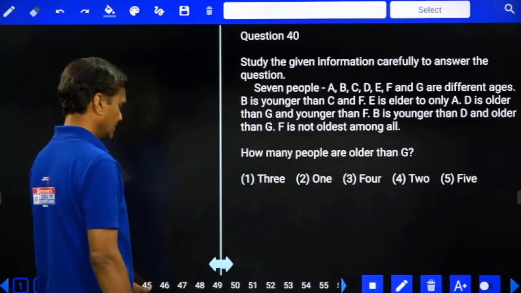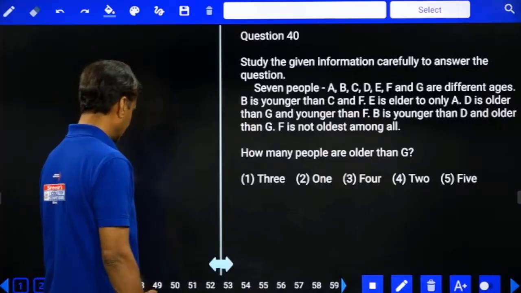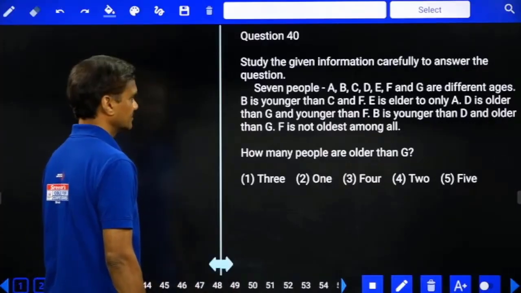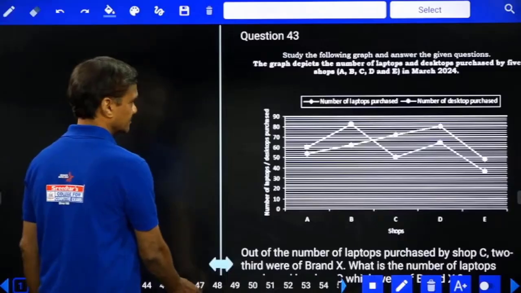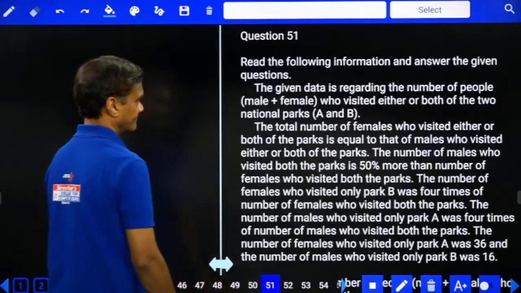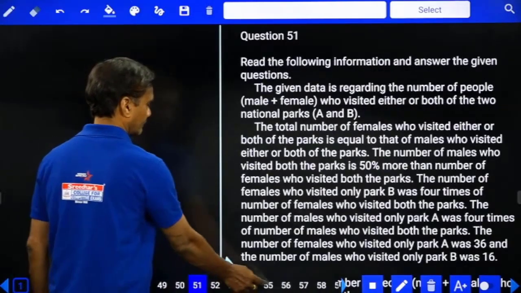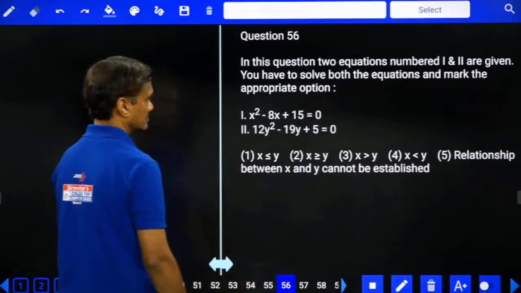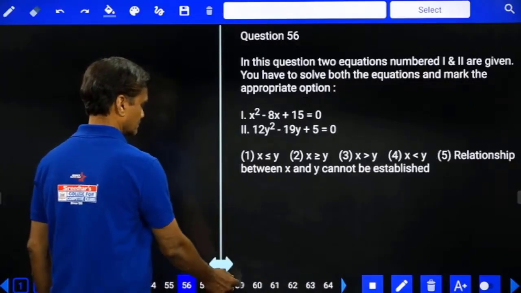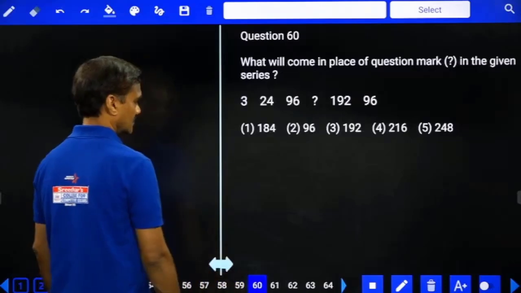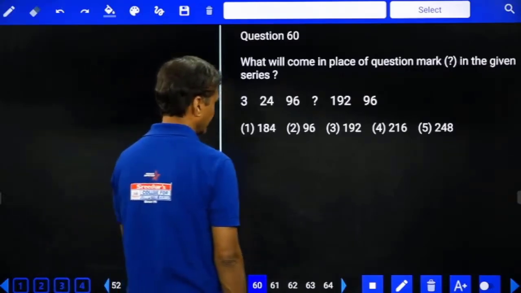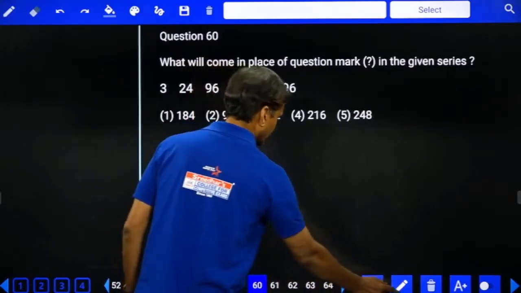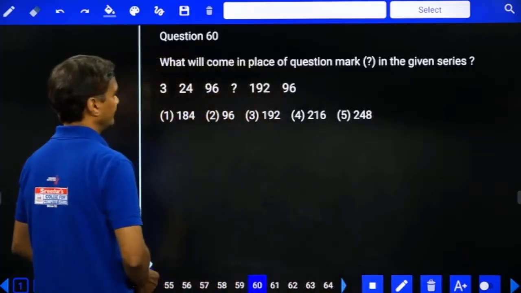reasoning explanation. Then coming to the number series, question number 60 onwards. Now in this number series, question number 60, 3, 24.